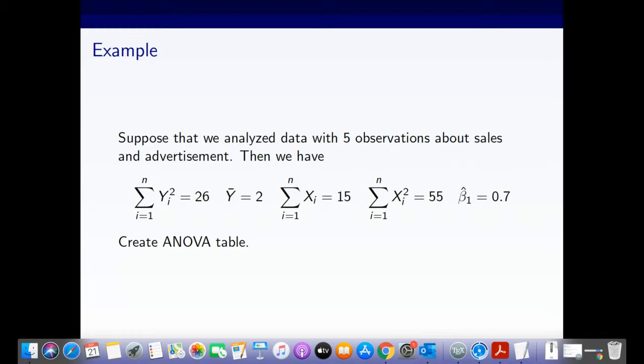If you know 2 of these 3, then you can easily derive the other one because you have SST is equal to SSR plus SSE.